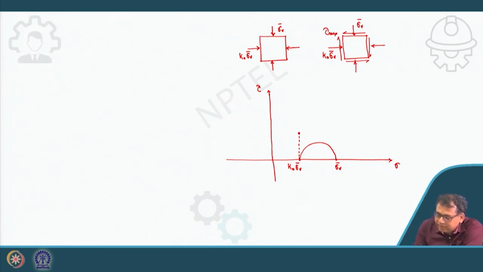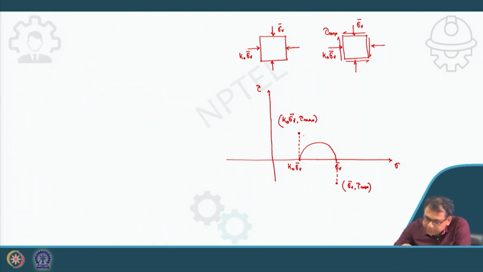So this coordinate will be K0 sigma V bar and tau max. Similarly, another point will be the same; here I can draw. This coordinate will be sigma V bar and tau max. If I join these two points, it will pass through the origin.